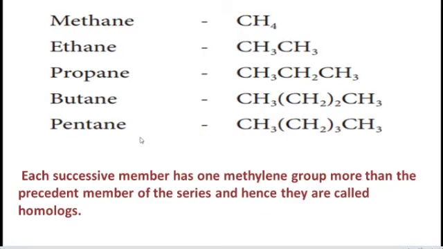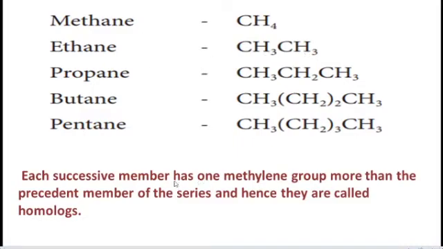These are the first five compounds. Here, each successive member has only a methylene group more than the precedent member. Precedent means before; successive means after, from the first one to the second one. So this is after the CH4. The CH4 is the precedent member of CH3.